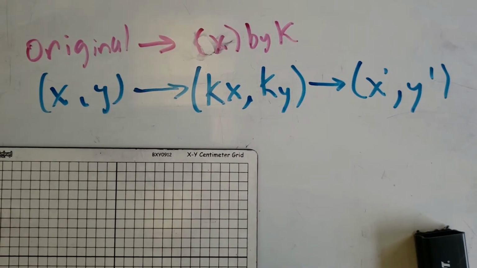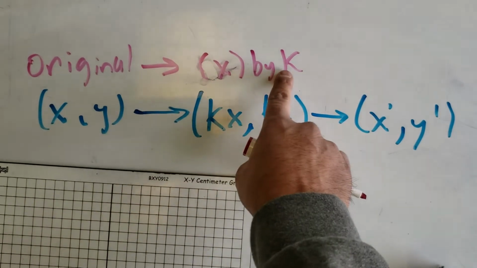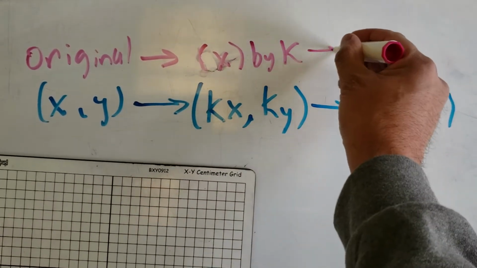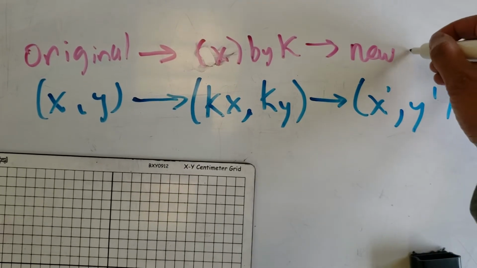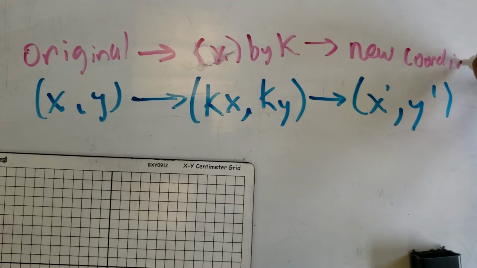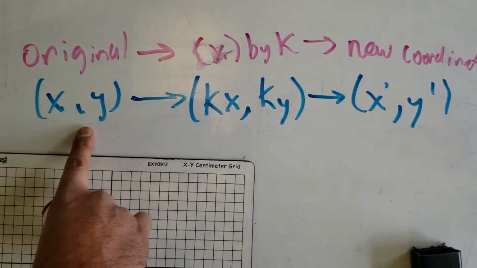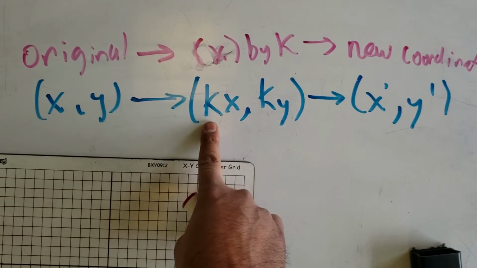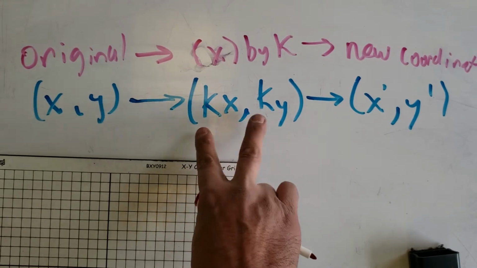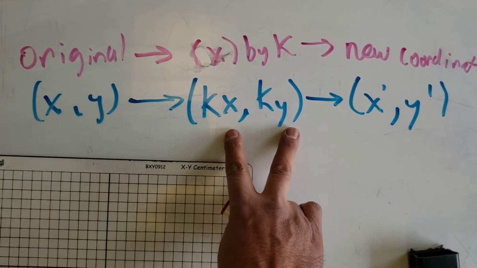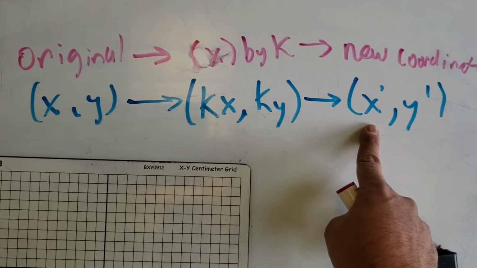Okay, so we're going to multiply by k, and that is going to give you your new point, or new coordinate. So again, we're taking our original, which is the x, y. We're going to multiply each x and the y by the scale factor. So the k is going to be the same number. The x and y are going to be different. And that's going to give us our new point. It's that easy.